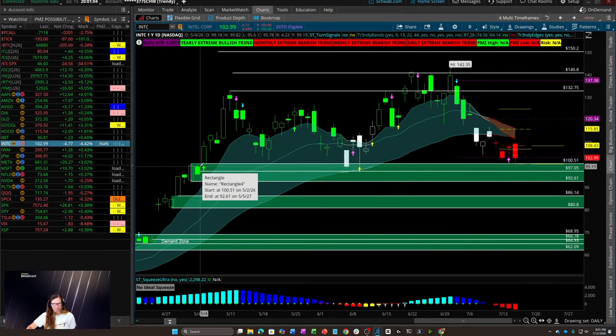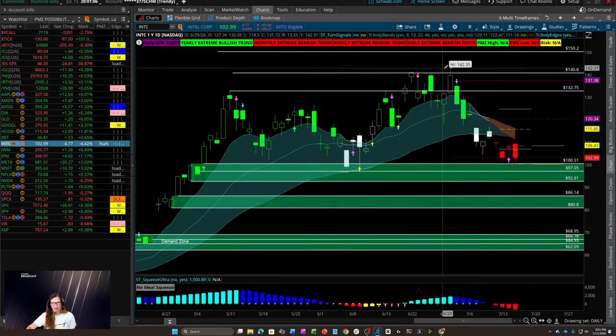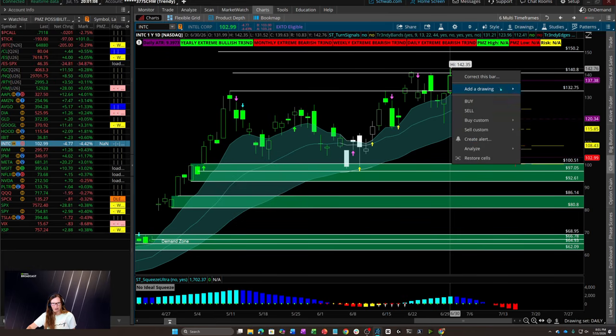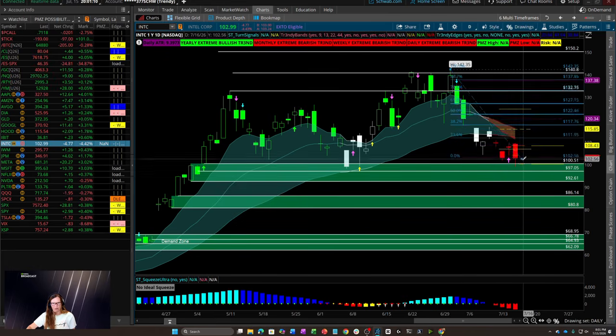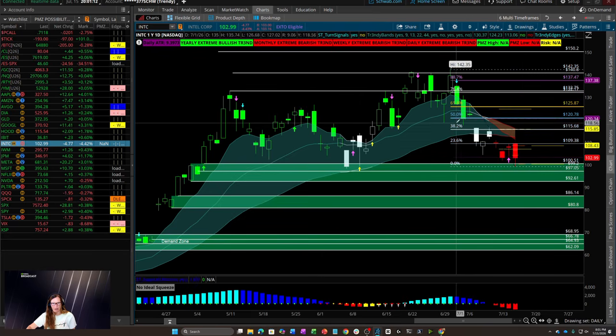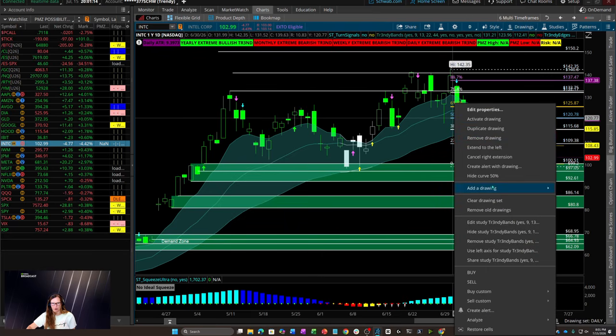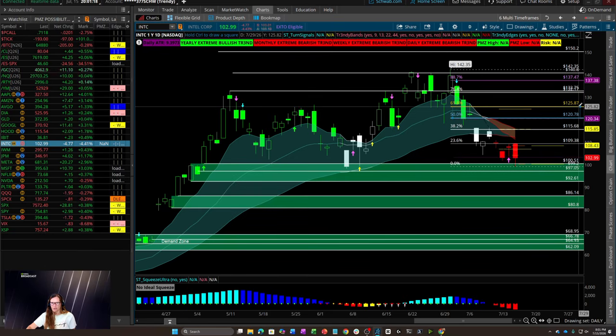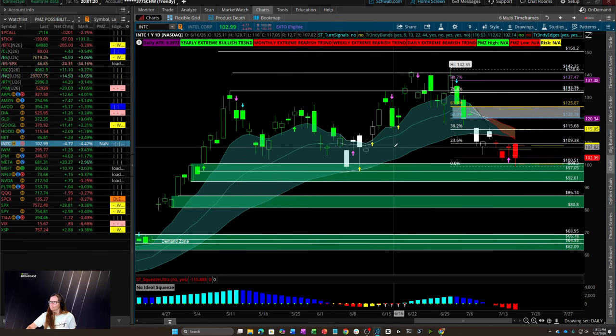Okay. So if we're in a choppy market and the most recent move is down, which zone would I look to go short from in a choppy market? Which Fibonacci zone?